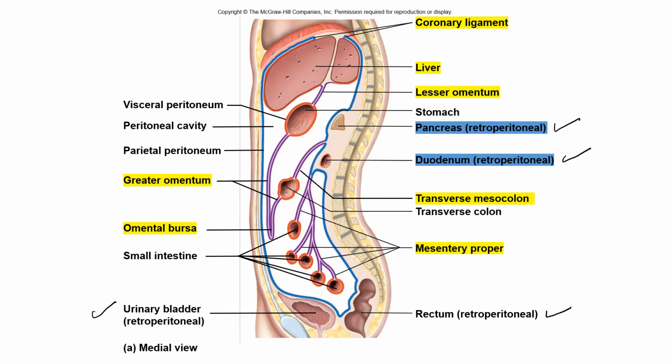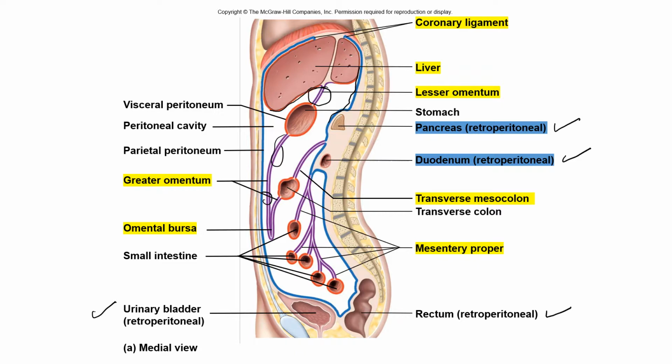The membrane in blue is the parietal peritoneum. The membrane in orange is the visceral peritoneum. The purple color structures, which are the folds of peritoneum, are the mesenteries.